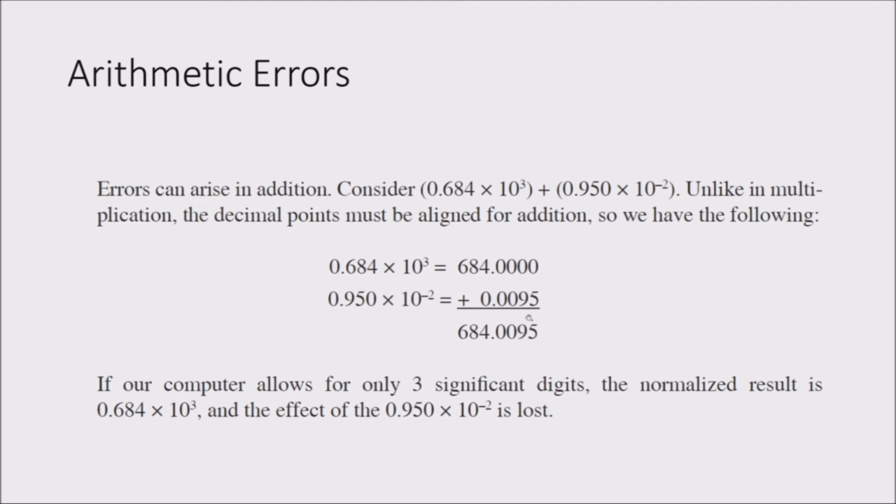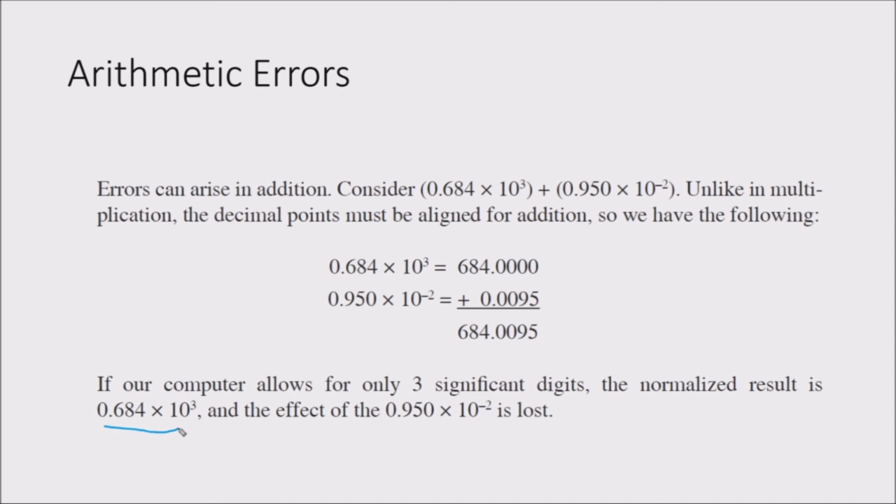If you ignore this 95 and store only this part, obviously I have an error of 0.950 multiplied by 10 to the power minus 2, because I just kicked this off. I consider these as zeros because I don't have enough space. This is what I get when I normalize this value.